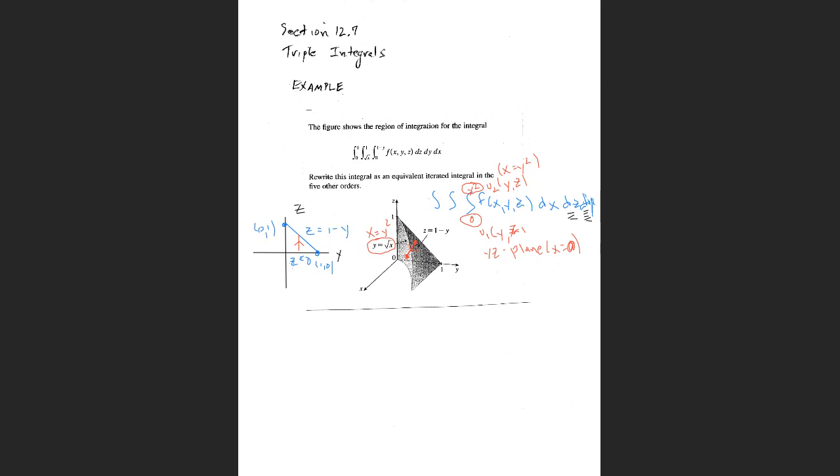That's what you're doing. And so your z limits are going to go from 0 to 1 minus y. And then your y limits are going to go from 0 to 1. See how this works?